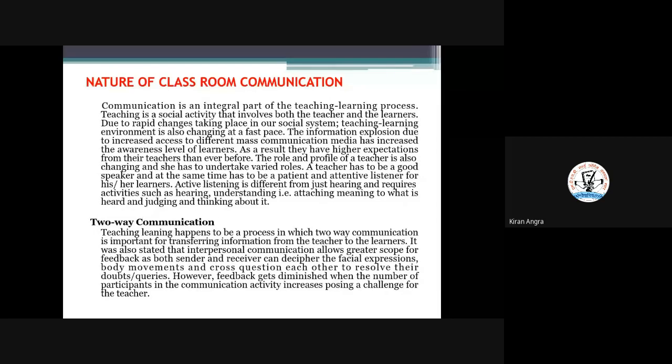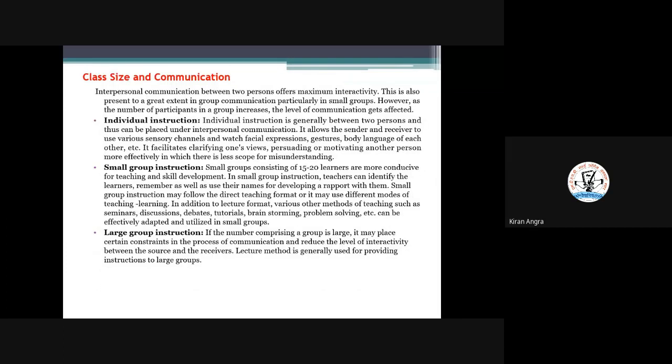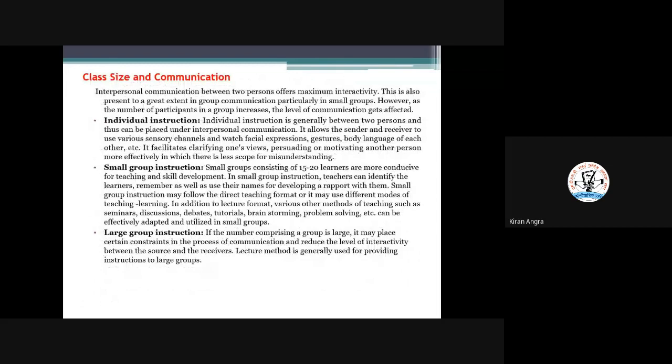Now, the second is the class size and communication. Here, the first which I discussed was an interpersonal communication, because I have discussed in my last lecture, there are intrapersonal, interpersonal, mass communication, group discussion.